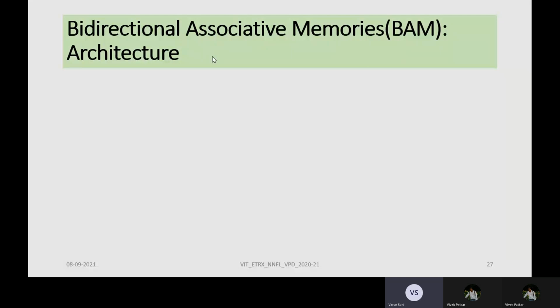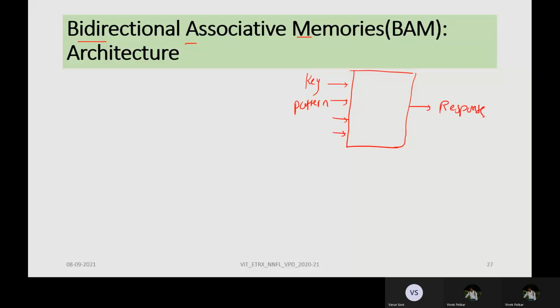That's right. The special case of heteroassociative networks is a bidirectional associative memory. What we can do in this BAM is I can give a key pattern to this network and it generates a response pattern which is different from the key pattern.